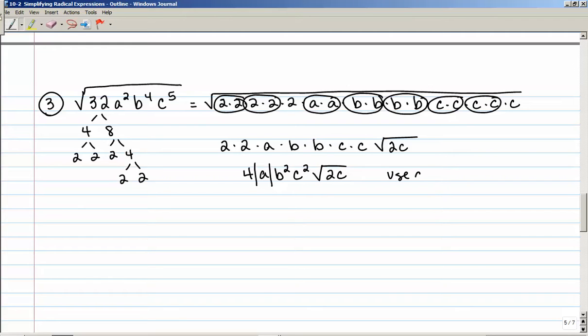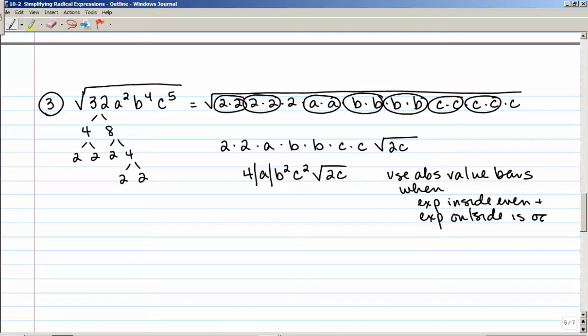So use absolute value bars when the exponent inside is even and the exponent outside is odd.